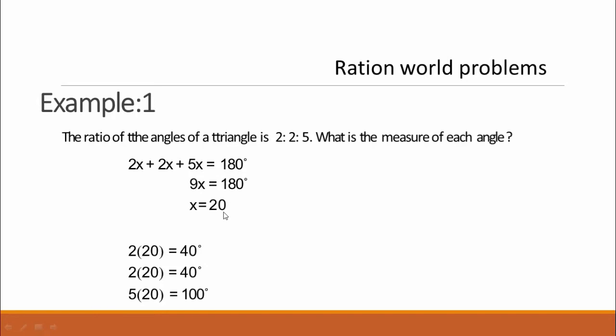So the measure of one angle is 20, and similarly the first angle 2x is 2 multiplied by 20, which is equal to 40, and 2 multiplied by 20 is also equal to 40, and 5 multiplied by 20 is equal to 100. So adding these three results, we can verify our result. 40 plus 40, 80, plus 100 is equal to 180.